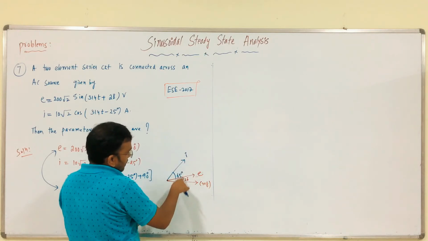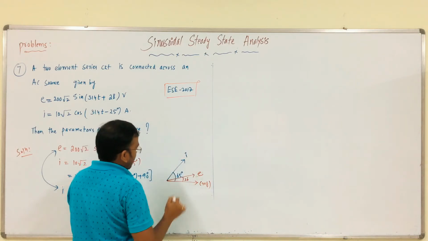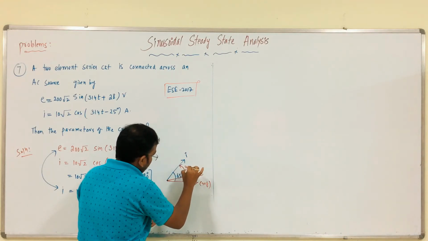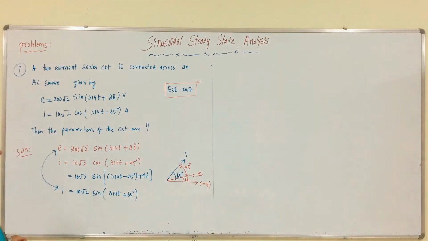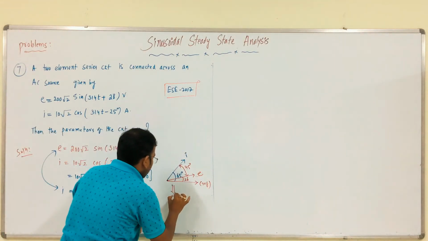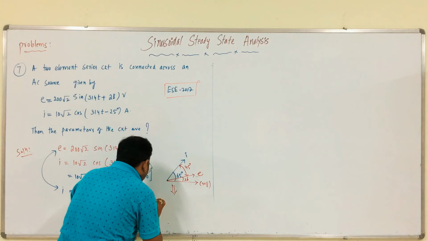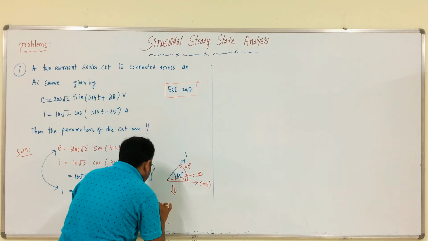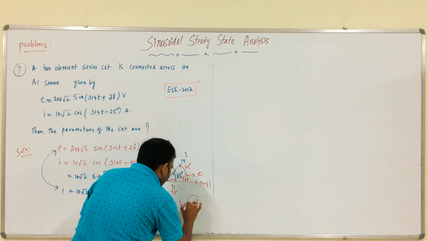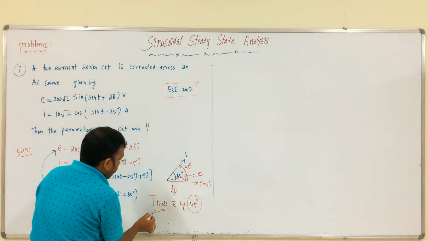With respect to the reference, the current is at 65 degrees. Therefore, the resultant between these two is 45 degrees, right? That is, the current leads E by 45 degrees. Leads means leading angle.